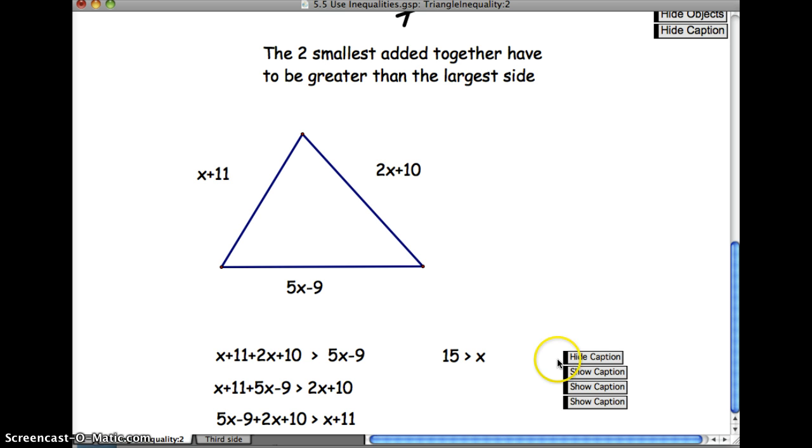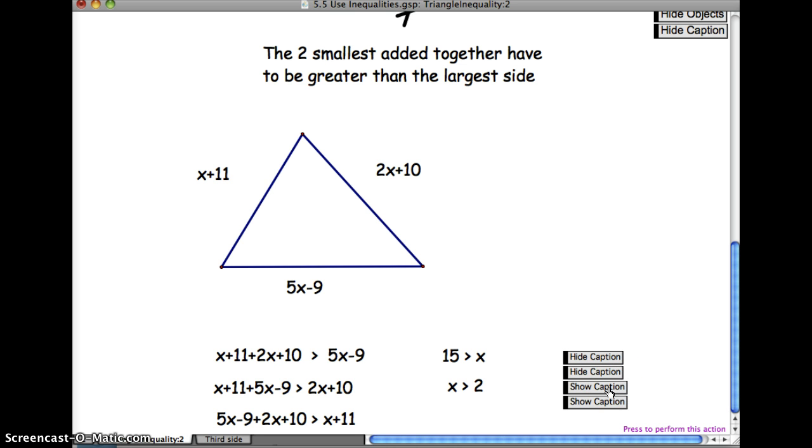But if I continue to work, because I got to do all three, I'm going to find out that x has also got to be greater than 2. So I'm creating limits now. One of my limits is x has got to be less than 15. One of my limits is now x has got to be greater than 2. So any number at this point that's greater than 2 and less than 15 will work.